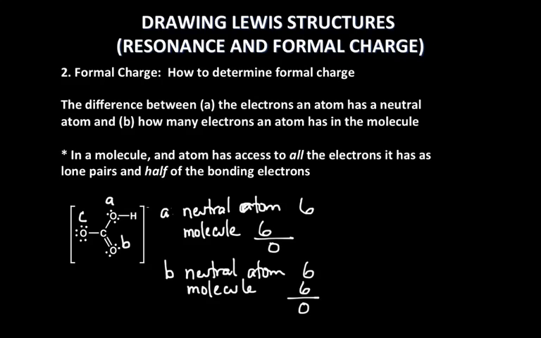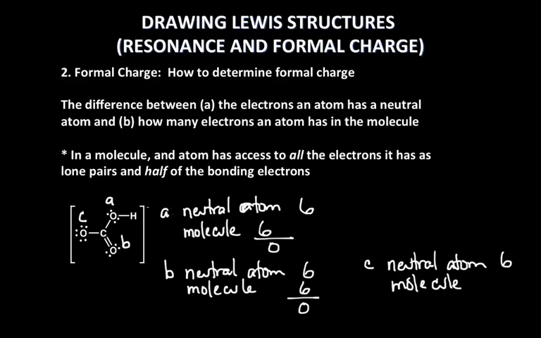And now, if we look at oxygen atom C as a neutral atom, it's got 6 valence electrons. In the molecule, it has 6 electrons from the 3 lone pairs plus half of the bonding electrons, so it's got a single bond.